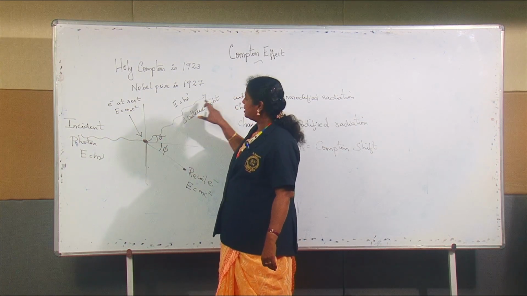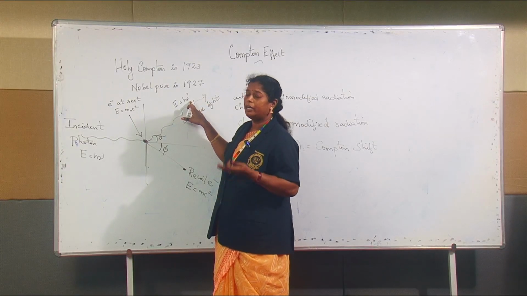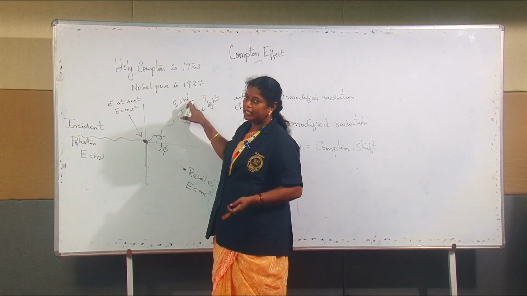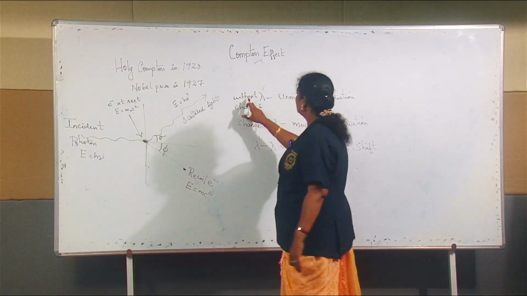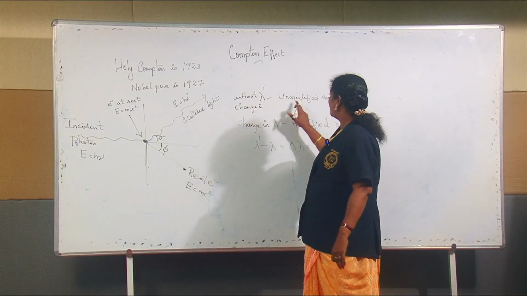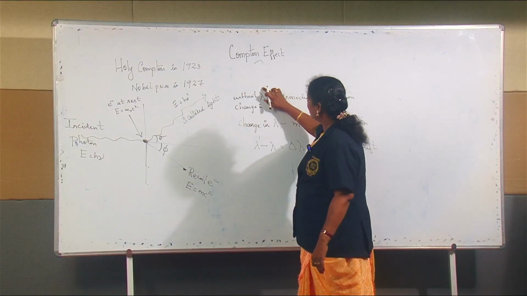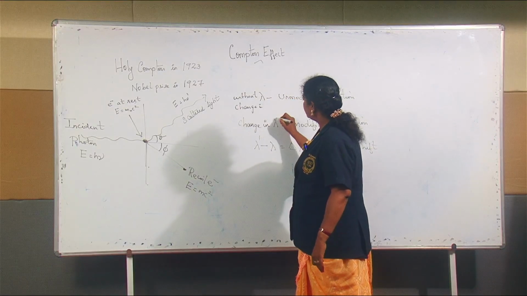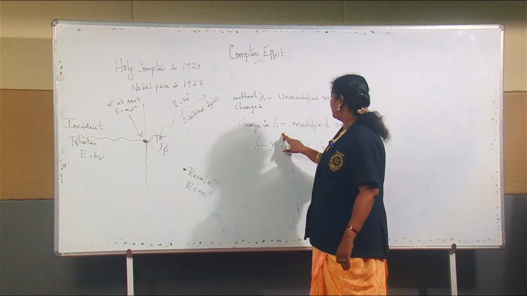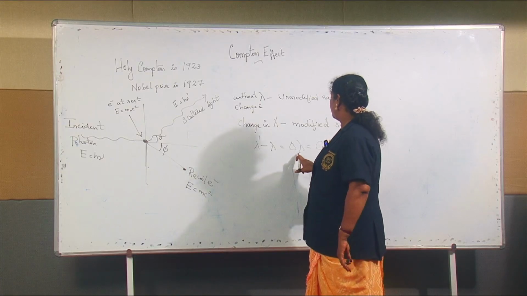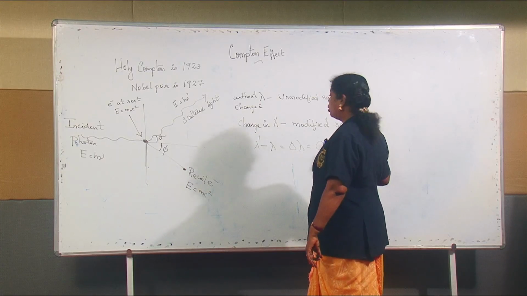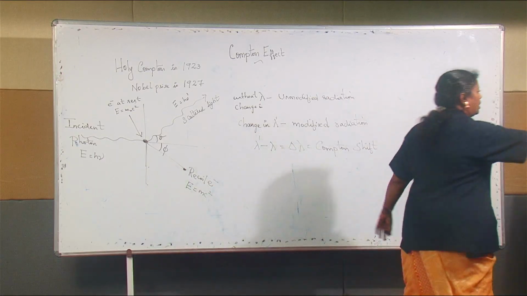The scattered light has a decrease in frequency, or in other words an increase in wavelength. Some of the rays have the same wavelength, without change, and they are called unmodified radiation. The ones with change in wavelength are called modified radiation. The difference between lambda dash and lambda is delta lambda, which is the Compton shift. Let us derive it.